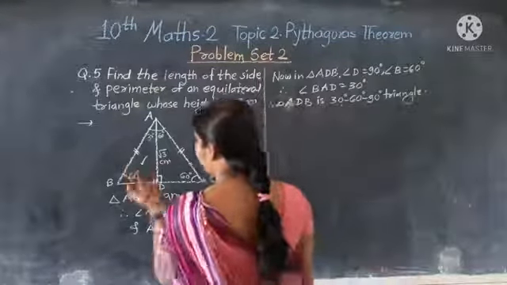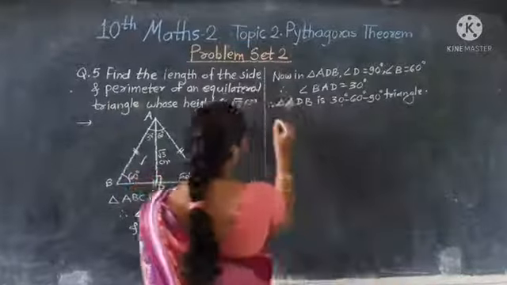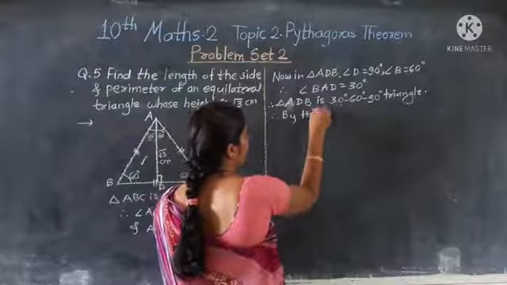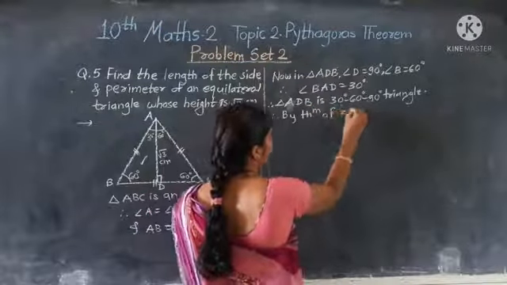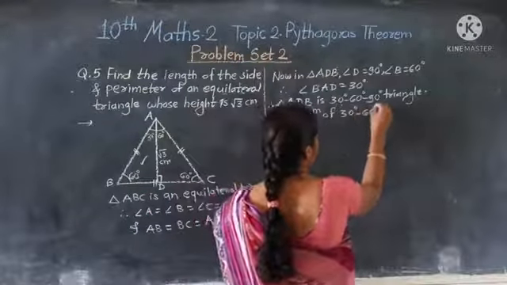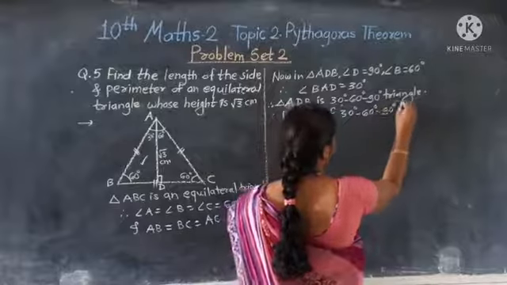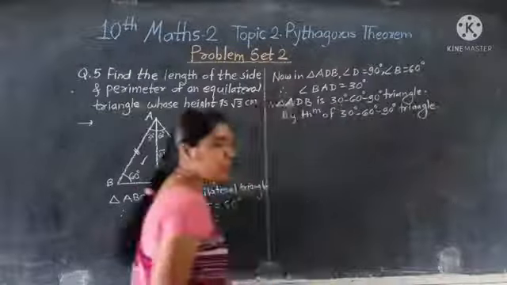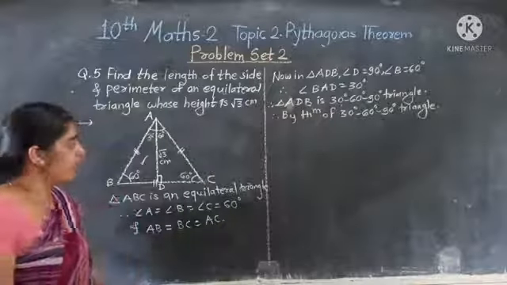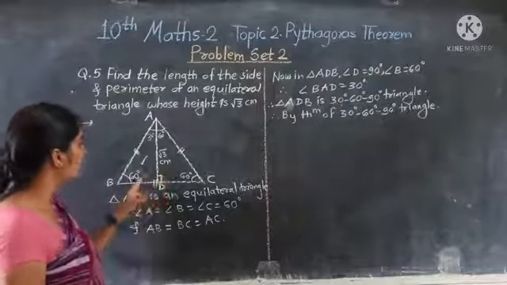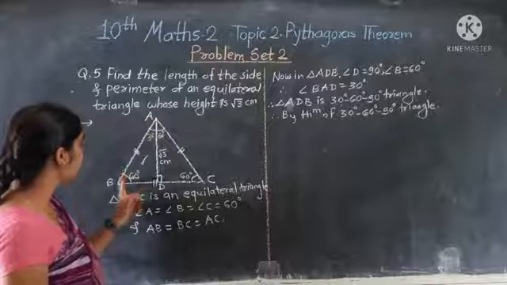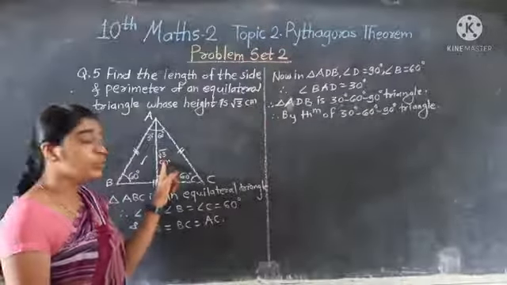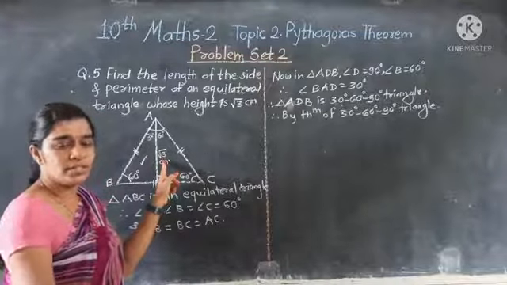So here you apply the theorem of the 30-60-90 triangle. What does this theorem say? The side opposite to 60 degrees is root 3 upon 2 times the hypotenuse.